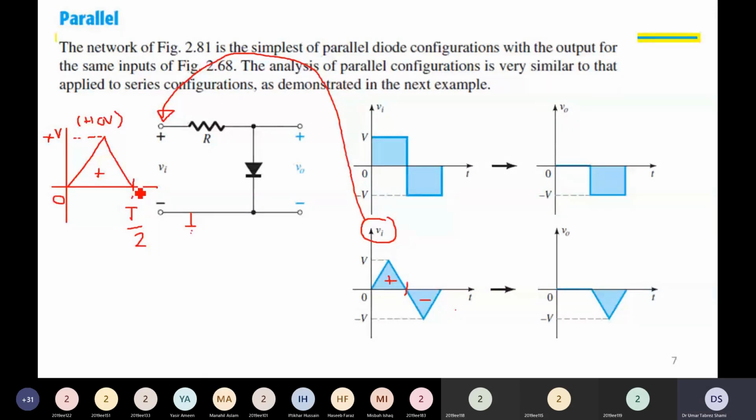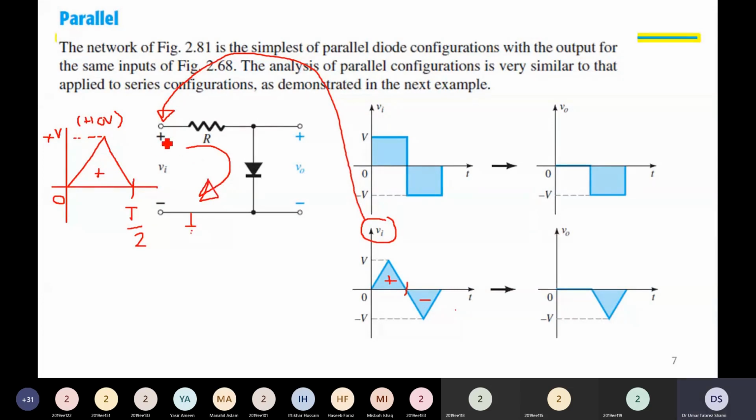Now we would like to study what happens during the positive half, but we must also recognize that with the direction of the diode connected, the diode will allow current to pass when the voltage at its anode is larger than the voltage at its cathode. And this is exactly what is happening over here. The input voltage is larger at the anode terminal compared to the cathode terminal. Therefore, we say that a current will pass through the diode because it is forward biased.